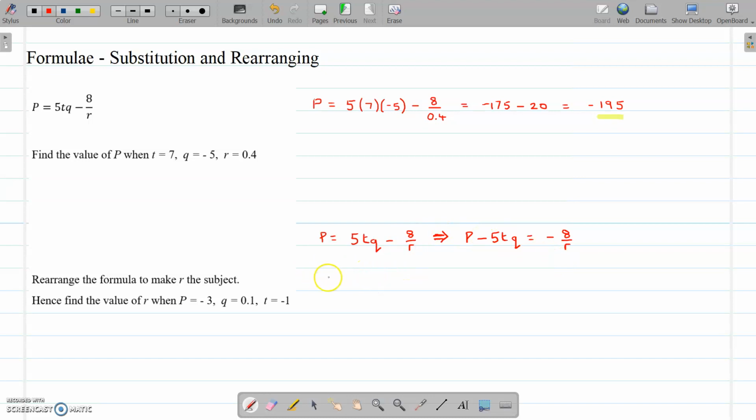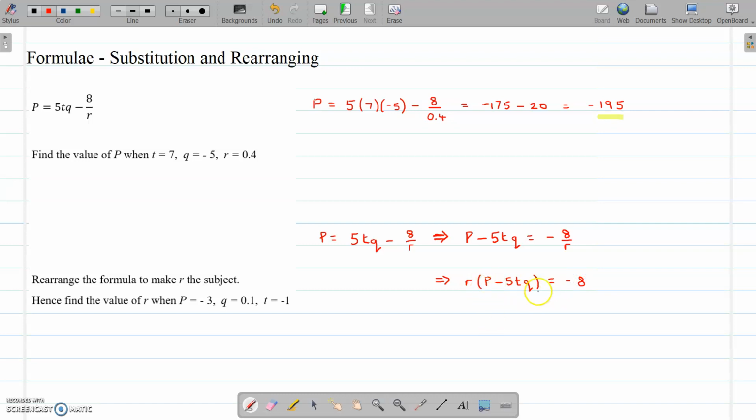So I'm going to say from this, that I'll write it under here, that r times (P minus 5tq) equals minus 8. So I've basically multiplied both sides by r.